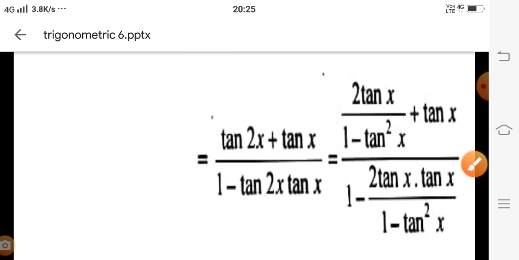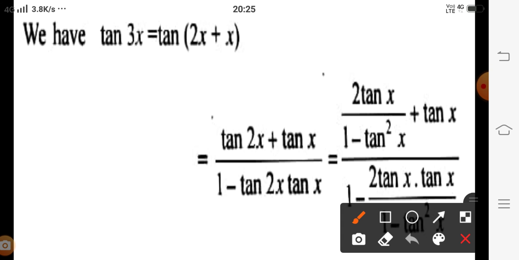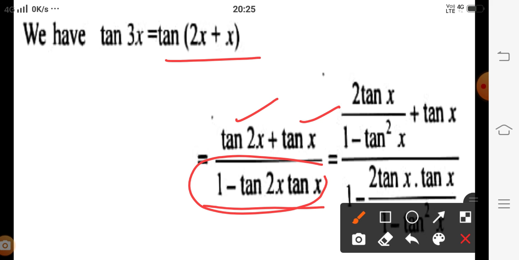Let us prove this identity. Tan 3x is written as tan (2x plus x). Then tan (a plus b) we know, (tan a plus tan b) upon (1 minus tan a into tan b). And the value of tan 2x we have in terms of tan theta, 2 tan x upon 1 minus tan square x.